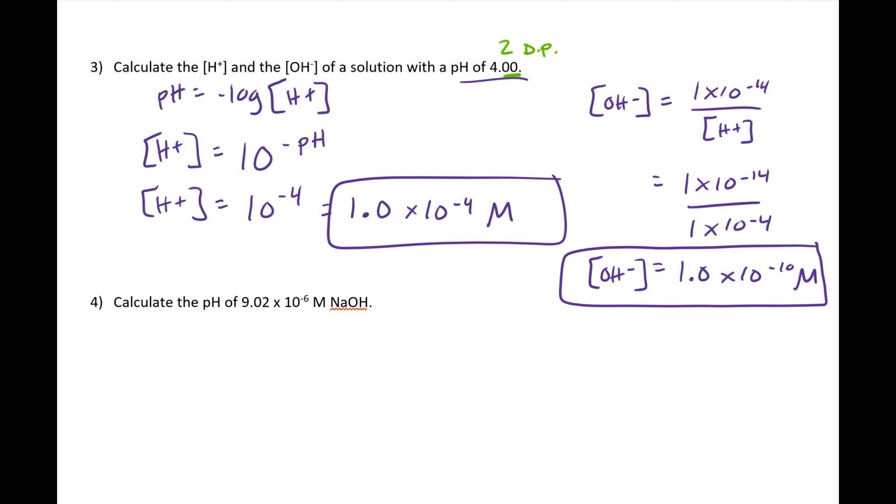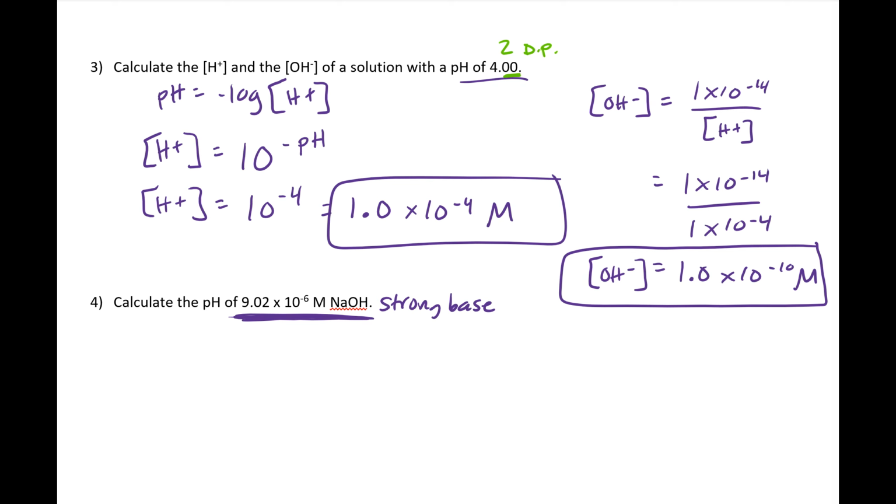Number 4, calculate the pH of 9.02 times 10 to the negative 6 sodium hydroxide. Okay, so this is a strong base. And since strong acids 100% dissociate and the concentration of hydrogen ion is equal to the original concentration of the acid, same thing applies here for strong bases.